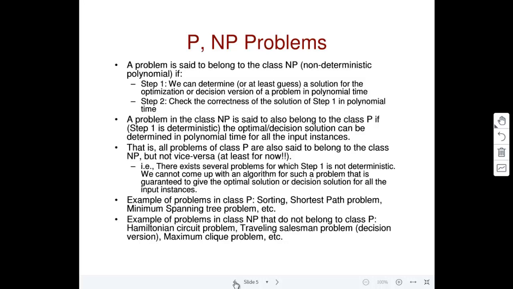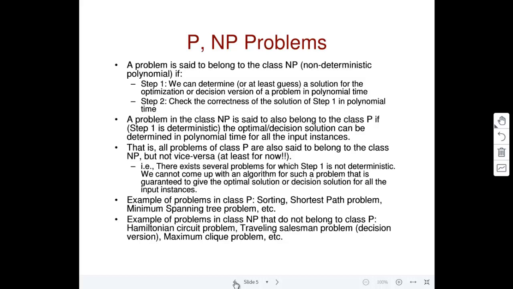Similarly, all those problems in dynamic programming and even the greedy strategy problems, given any distribution of the symbol frequency values, you are able to find the Huffman code. That is also an optimization problem. Similarly, all the other problems I've seen so far are deterministic.